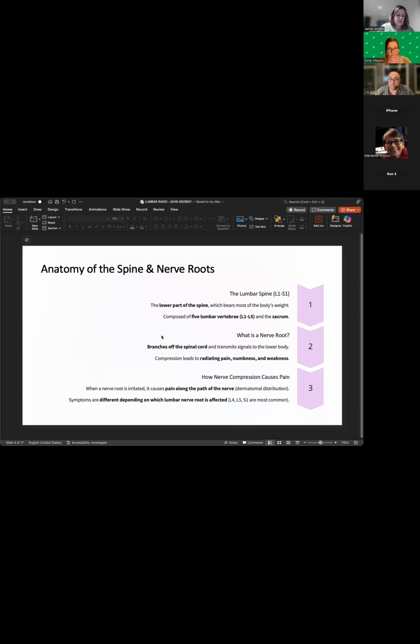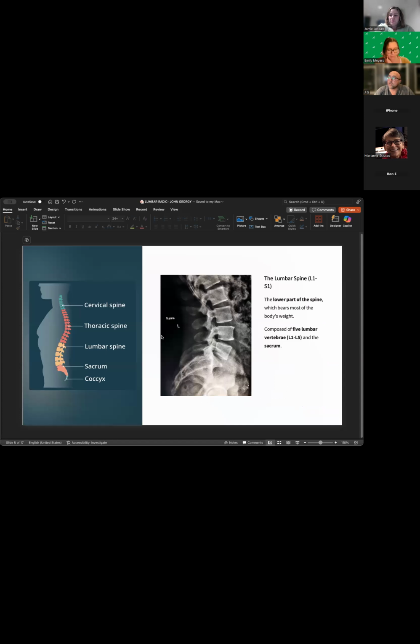So, to understand radiculopathy, we first need to talk about the lumbar spine. This area consists of 5 vertebrae labeled L1, L2, L3, L4, L5, which support your upper body and allow flexibility. Below is the sacrum that you see down here, and it's a triangular bone that connects to the pelvis.